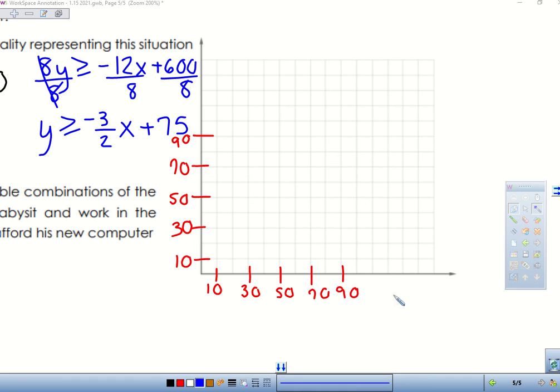So what does the x-axis represent? Good, babysitting. And this axis over here represents, good, grocery.